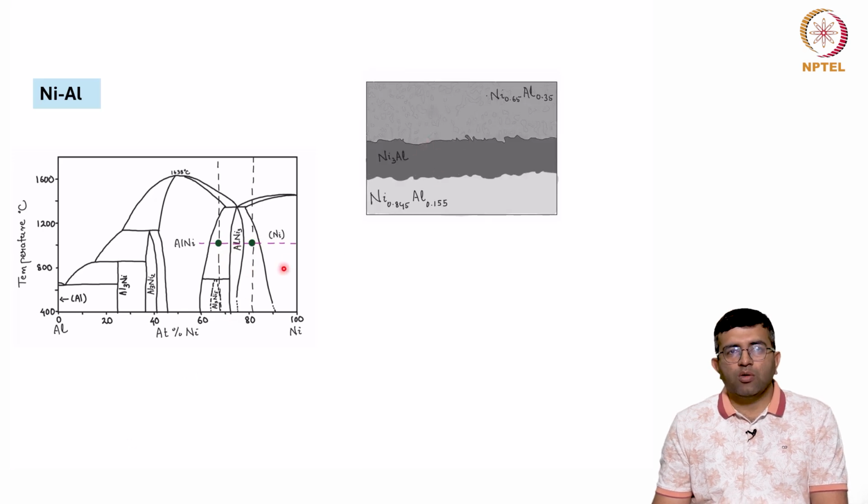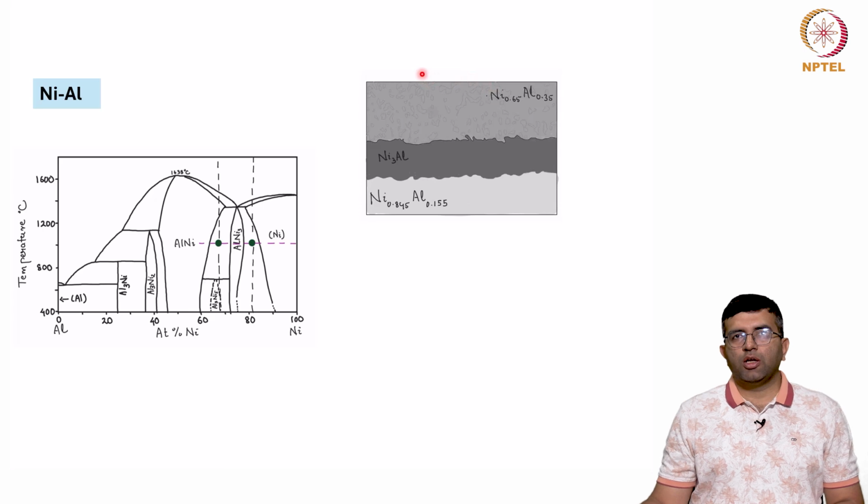You see now that this is not a pure nickel and pure aluminum example. This is an alloy of nickel and aluminum. This is another alloy of nickel and aluminum, and this is present on both sides of Ni3Al. Such a diffusion couple is called an incremental diffusion couple.